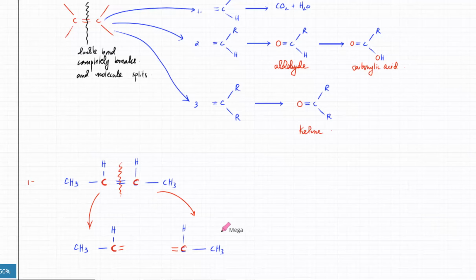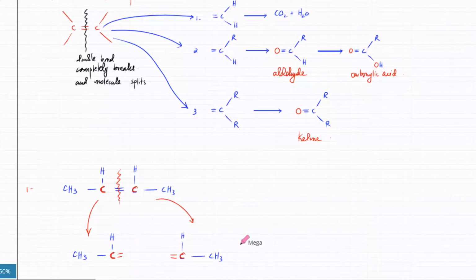So which scenario is this? Let's focus on the carbon in red. It's got one carbon chain and one H. So if it's got one carbon chain, it will turn into an aldehyde and then a carboxylic acid. The other one is exactly the same, so both would produce the same thing. Everything should happen to this double bonded carbon atom. So it would turn into a carboxylic acid eventually.